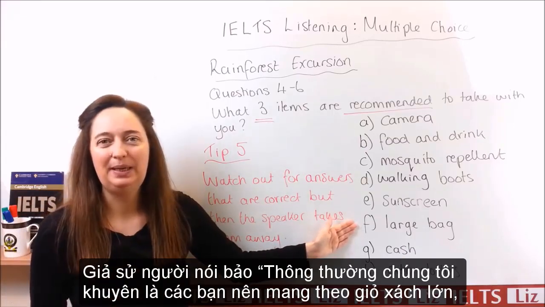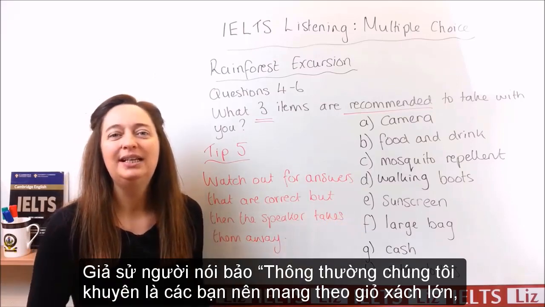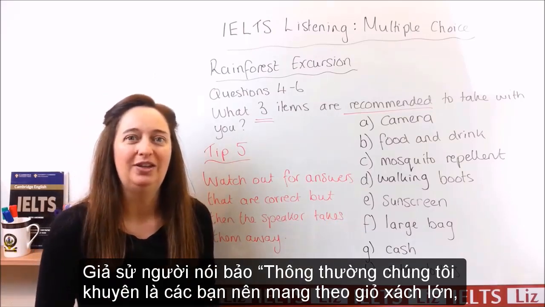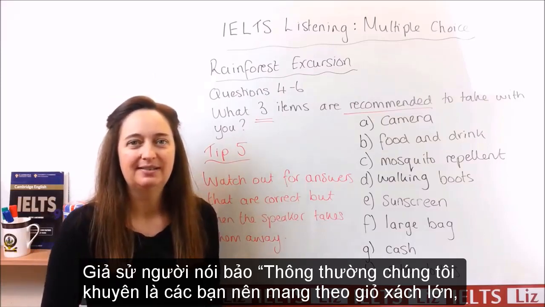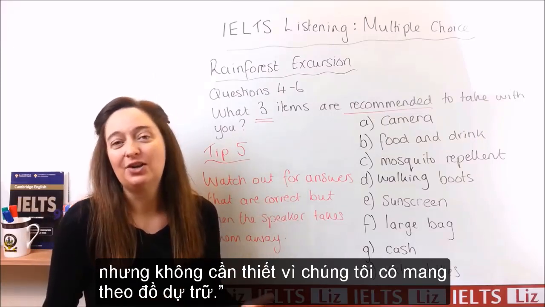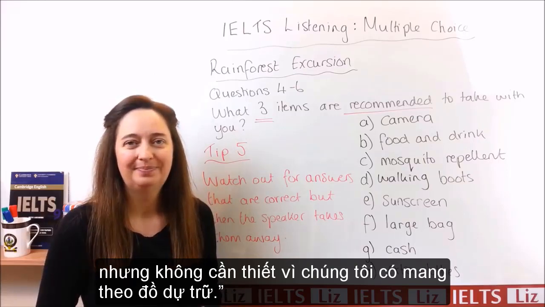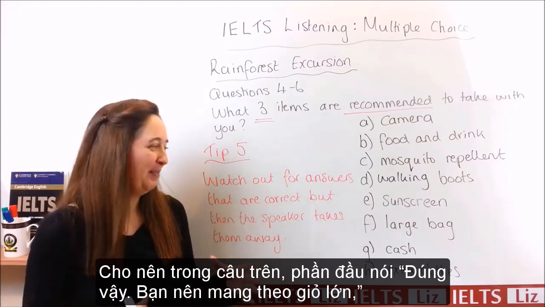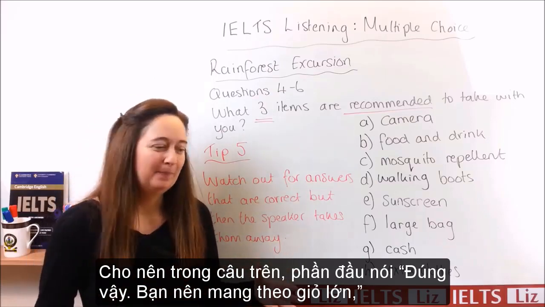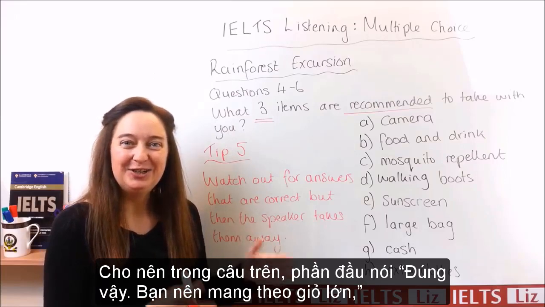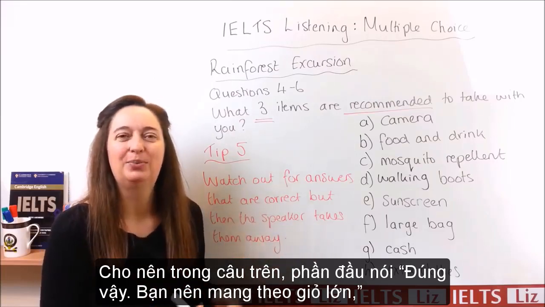Imagine that the speaker says, "Usually we recommend that you should take a large bag with you into the rainforest. But there's no need because we will be bringing supplies with us." So what happens is, in that sentence, the first part of the sentence says, yes, you should take a large bag with you.